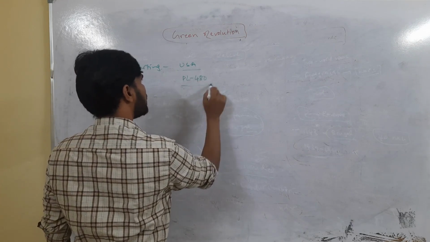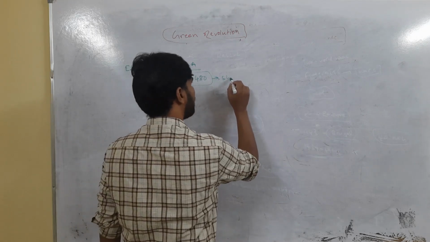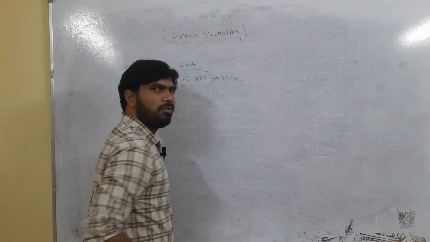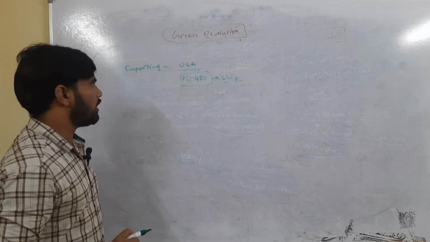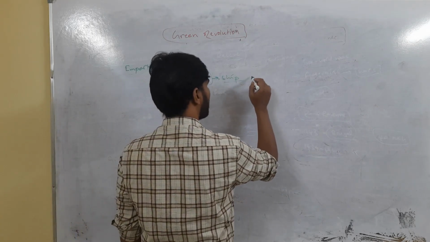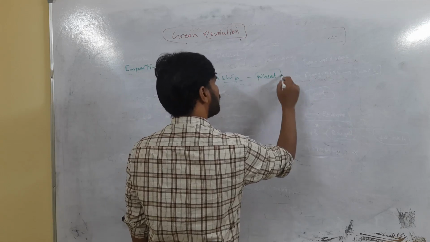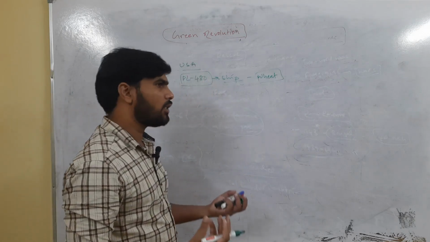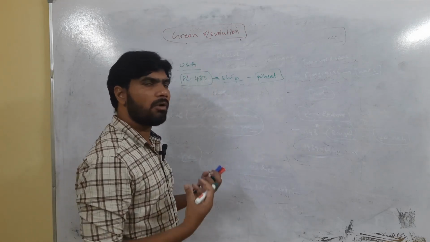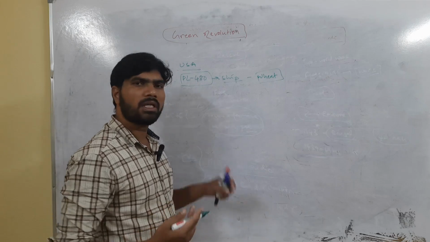So what is PL 480? How did this name come? This is the name of a ship which was carrying food grains from the United States of America to India. Basically, it was wheat. The United States stores or stocks some wheat to meet emergency situations whenever there is a famine.